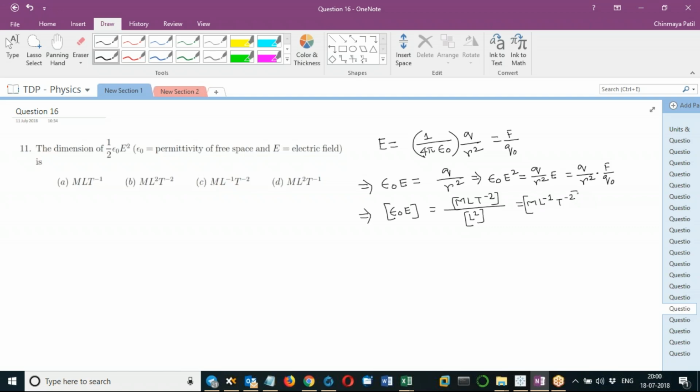And that is what we get as option C. So we get option C as the correct one.